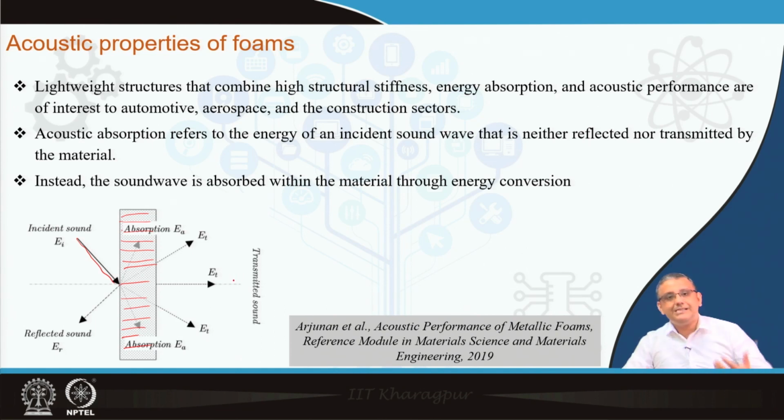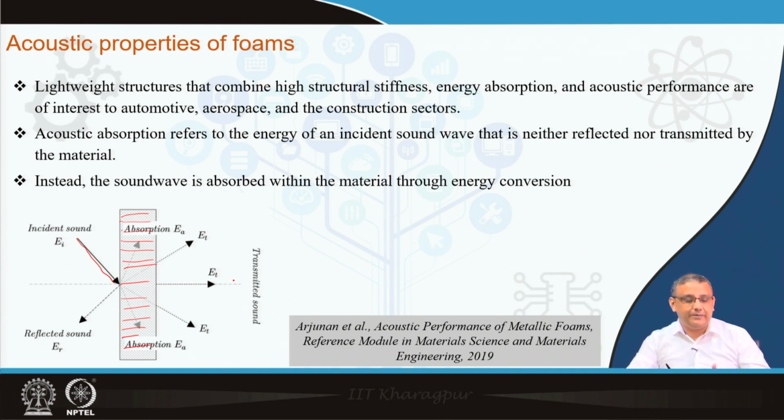That means, in both these cases, if the sound is easily reflected or easily transmitted through the material on which it is incident, we have less sound energy absorption, because by absorption we mean the actual amount of sound energy which is absorbed inside the material, converted either to heat or some other energy.